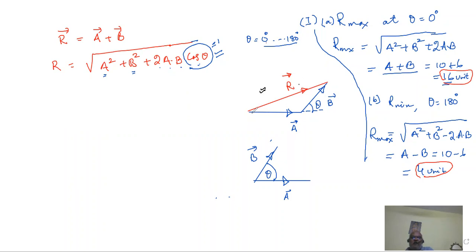Let us say A is fixed. To change theta, if we rotate A and B at the same time, that will create complication. So we fix A in its place. We don't try to tamper with it, shift it, or rotate it.